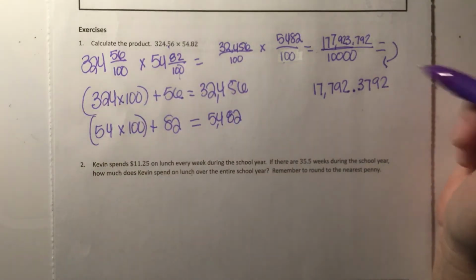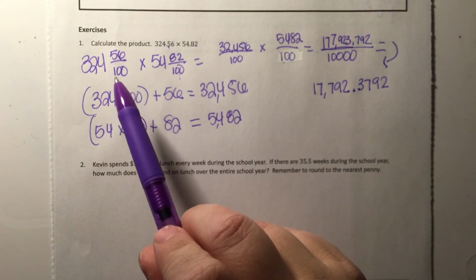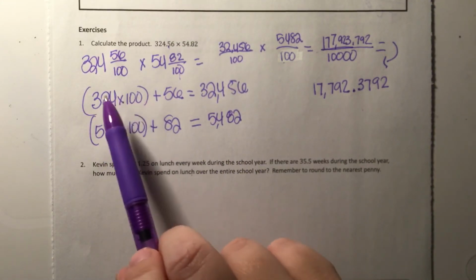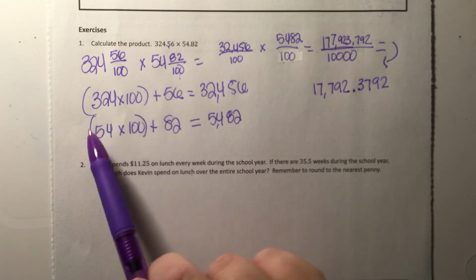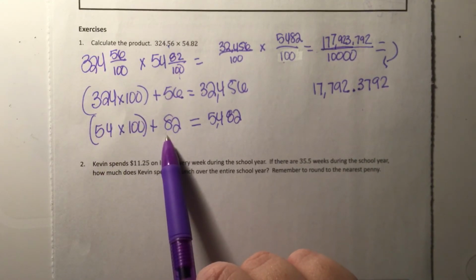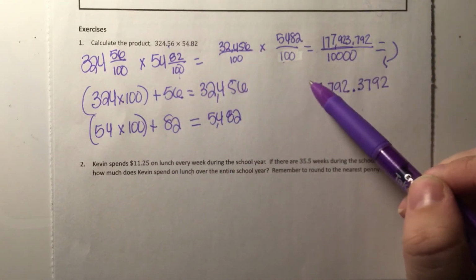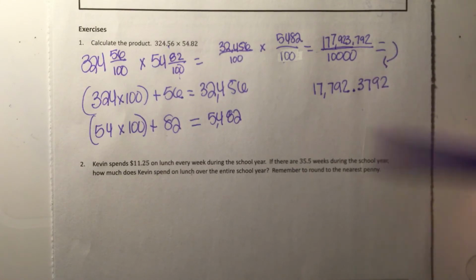Okay. Go ahead and copy. Remember, this is converting our mixed numbers into improper fractions. Our denominator times our whole number plus our numerator. Denominator, whole number, numerator. Multiply across. Use that calculator, folks. And then I just divided it by 10,000.